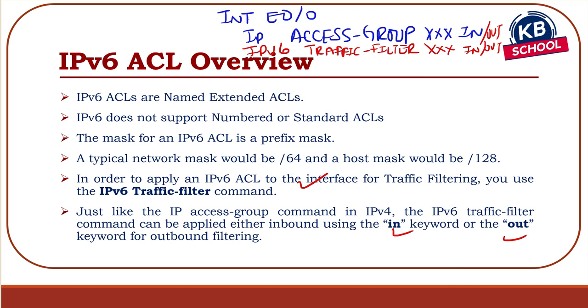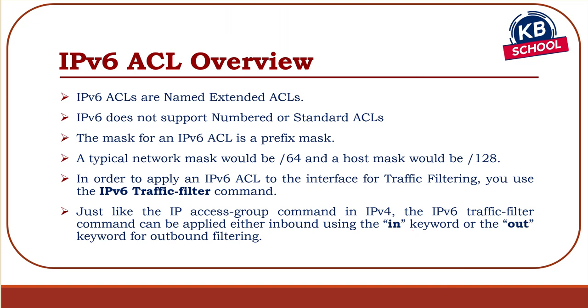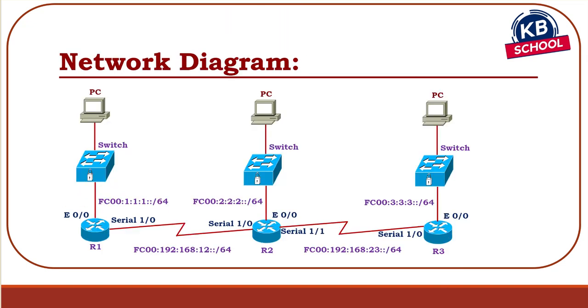Now, what I've done over here is I have set up your network already based on this diagram that we'll do the examples based on. If you take a look over here, in this network, I have FC00:1:1::/64 on the Ethernet segment.